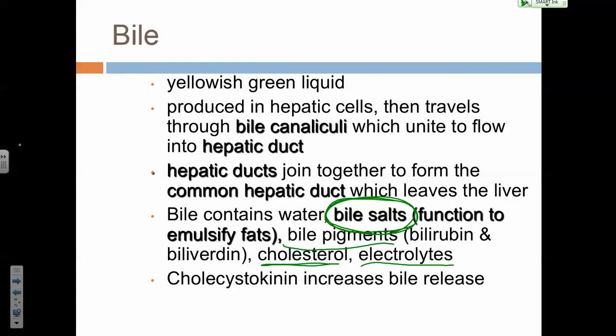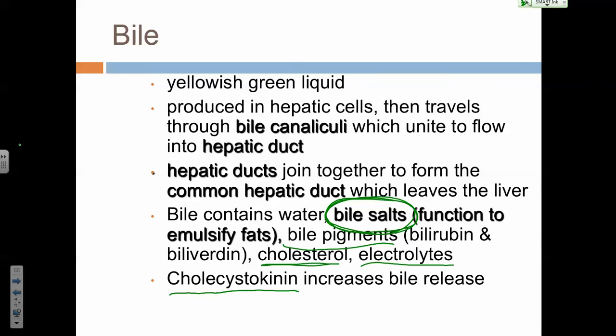All right, and then what is cholecystokinin? Is it an enzyme? No, it's a hormone. And do you remember it had a role in stomach activity?